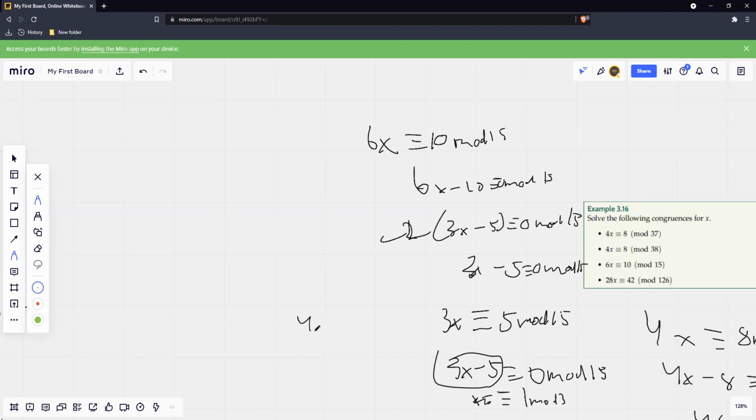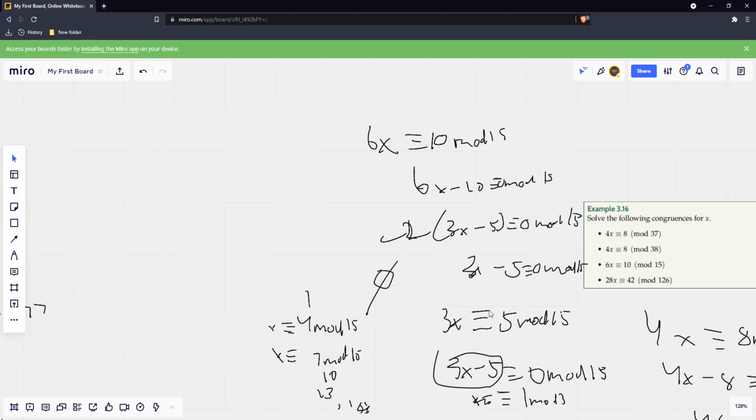And 1 modulo 3 is basically 4 mod 15, the same thing. x can be congruent to 4 modulo 15, to 7, to 10, to 13, and also to 1. But 0 is not found anywhere. It's basically just 1, 4, 7, 10, and 13. 0 is not there. Therefore, we have no solution.